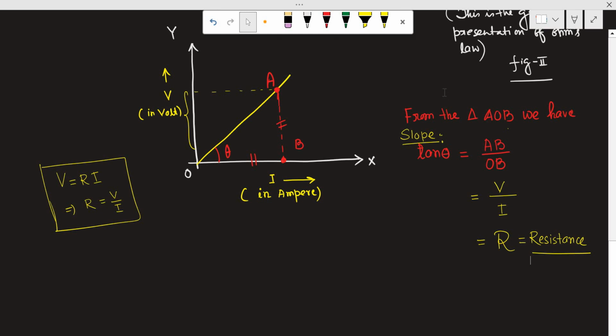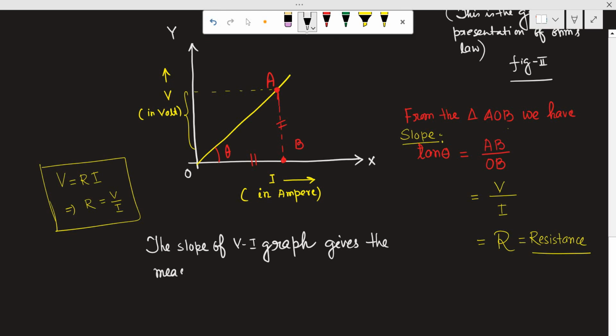So what is the conclusion? The conclusion is the slope of VI graph gives the measure of resistance.